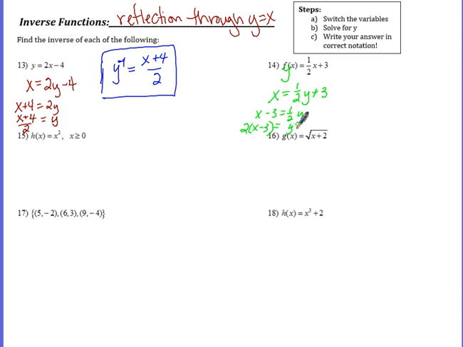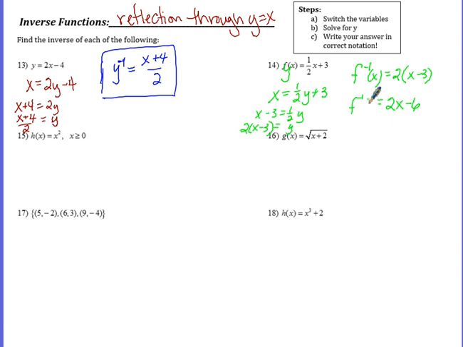We should now say that the inverse of the f of x function, f to the negative 1 of x, that's proper notation, is 2 times the x minus 3. And we would like you to say that it is 2x minus 6.